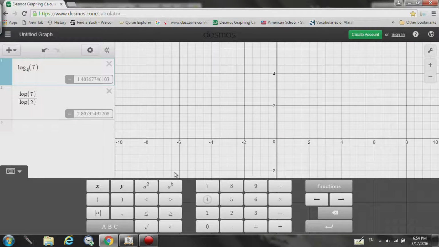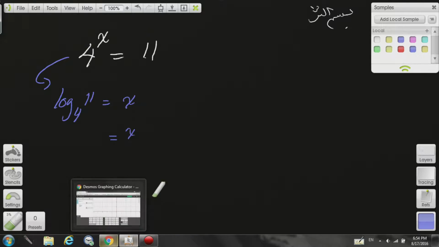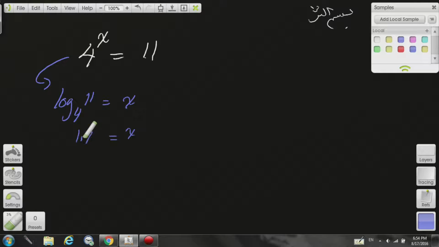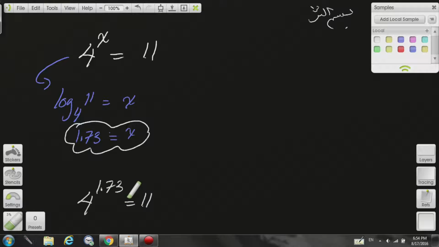Base is 4, and this is 11. 1.73 approximately. So we get this for x. Now what this means is 4 to the 1.73 equals 11. It's approximate because we rounded that off.